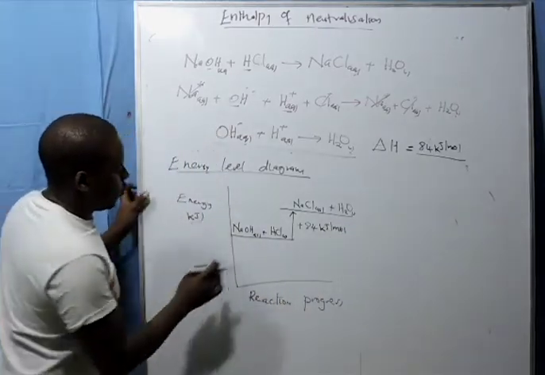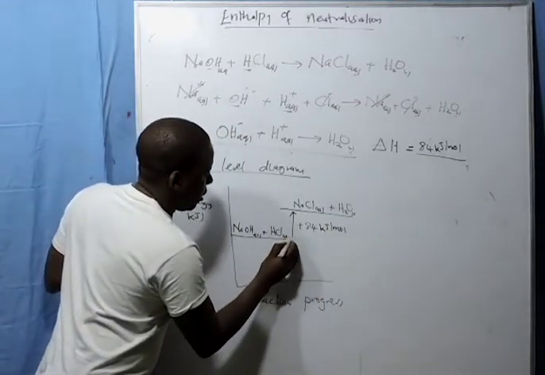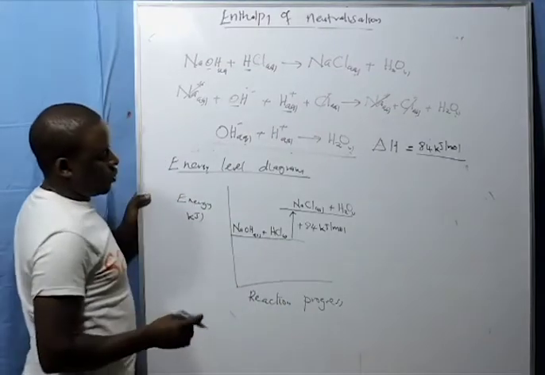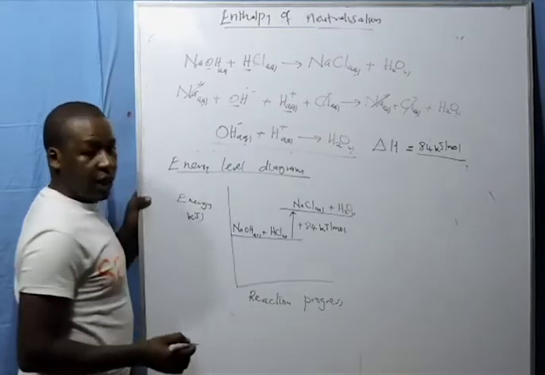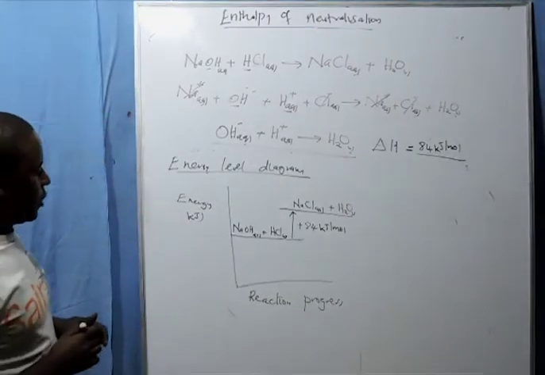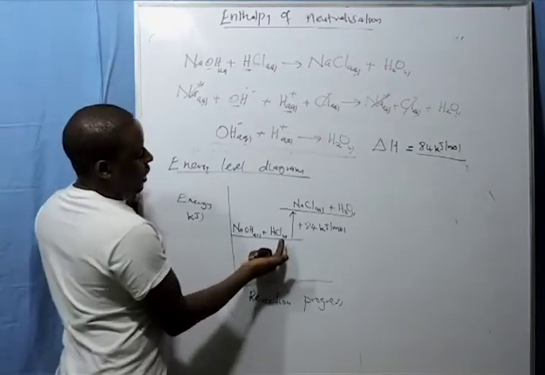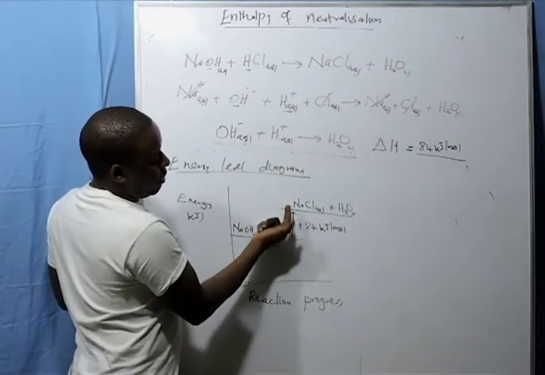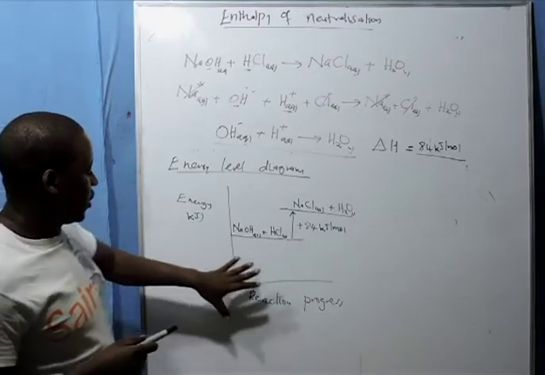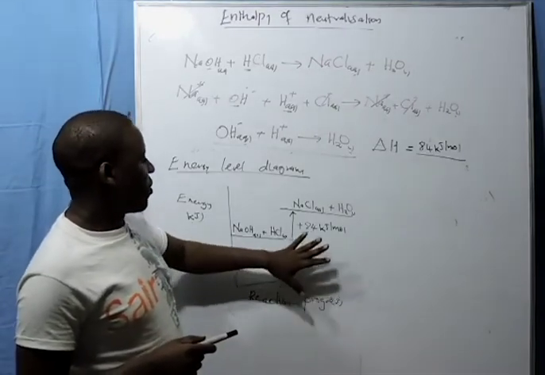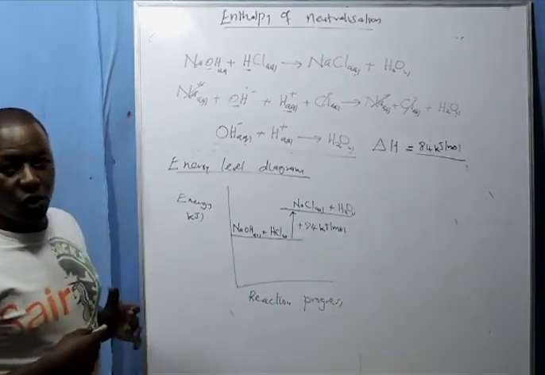That is how you draw an energy level diagram. So make sure if the arrow points upward it is positive, and when it is negative, the arrow should point downwards. So our reaction is an endothermic reaction.